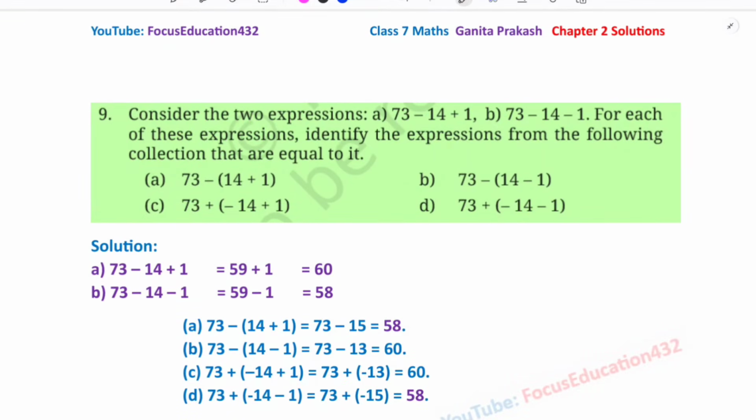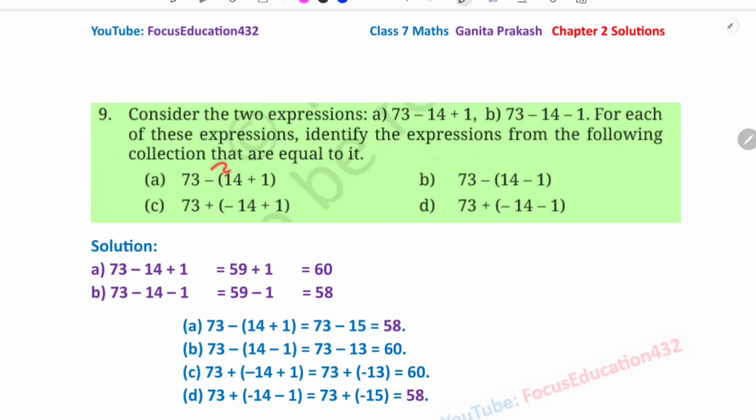Now the 9th question, page number 38. Consider the two expressions. Here the expressions are given: 73 minus 14 plus 1 and 73 minus 14 minus 1. For each of these expressions, identify the expressions from the following collection that are equal to it. Very simple, this one again.